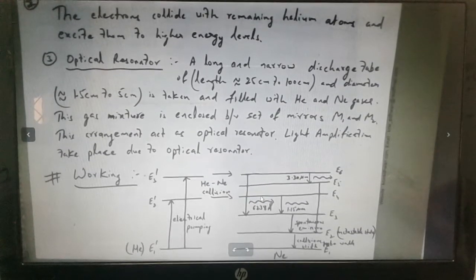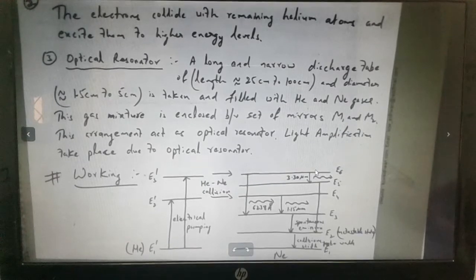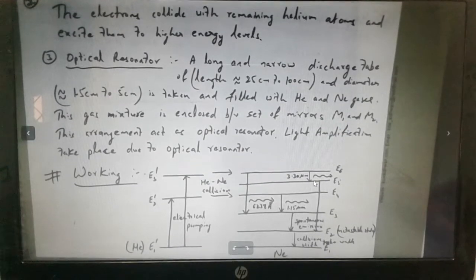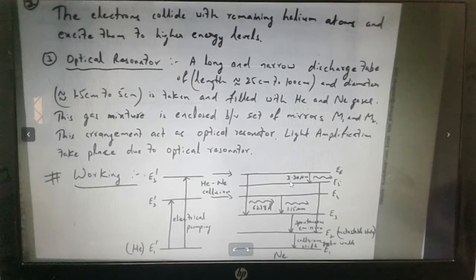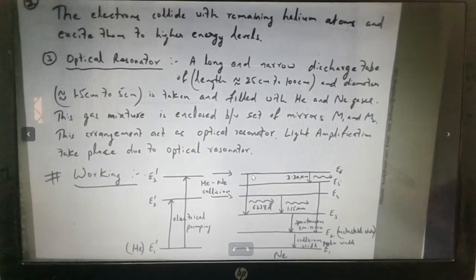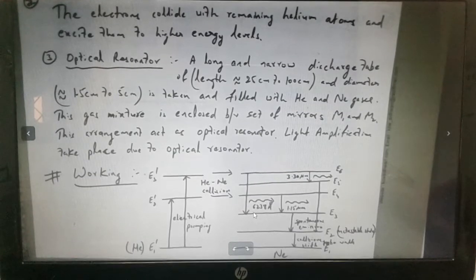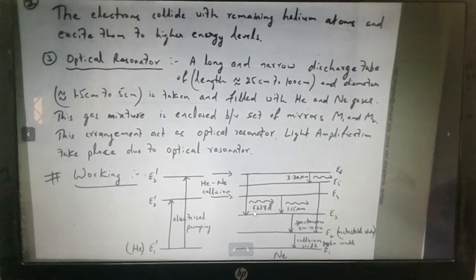Now E4 and E6 are also metastable states. So population inversion takes place between E6 and E5, and we get a laser output of wavelength 3.30 micrometer. Also the transition between E6 and E3 levels produces laser light of wavelength 6238 angstrom.